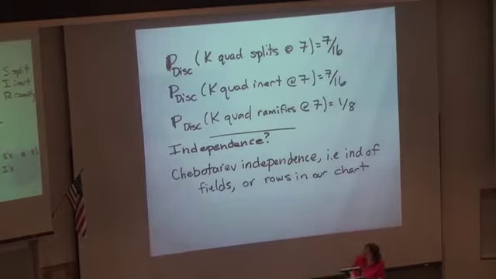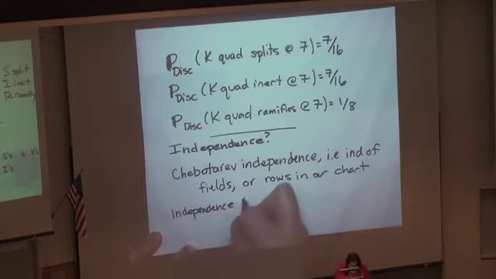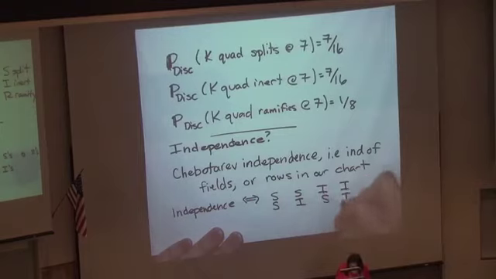So if I take two rows, let's say the bottom 2 rows, I know that half the time I see an S and half the time I see an I. Independence would be if I see SS, SI, IS, and II in 2 rows, each 1/4 of the time.